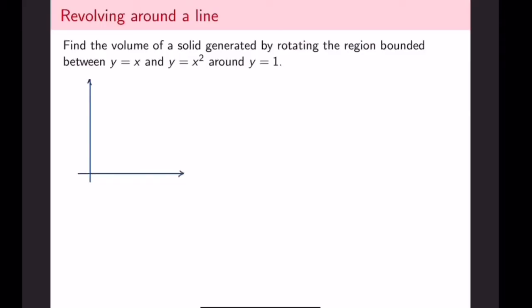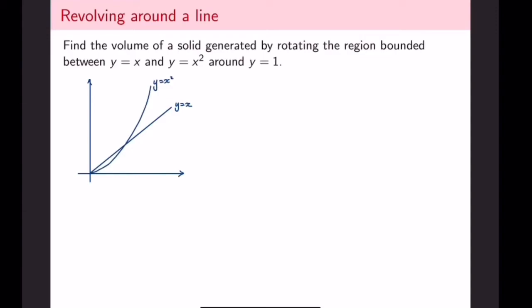So here are my axes, and now I draw in my curves. I have y equals x. Here it is. Once again, let me label it right away so I know that this is my line. And then I have my parabola. I'm going to have to scale it down a little. So this is going to be y equals x squared.